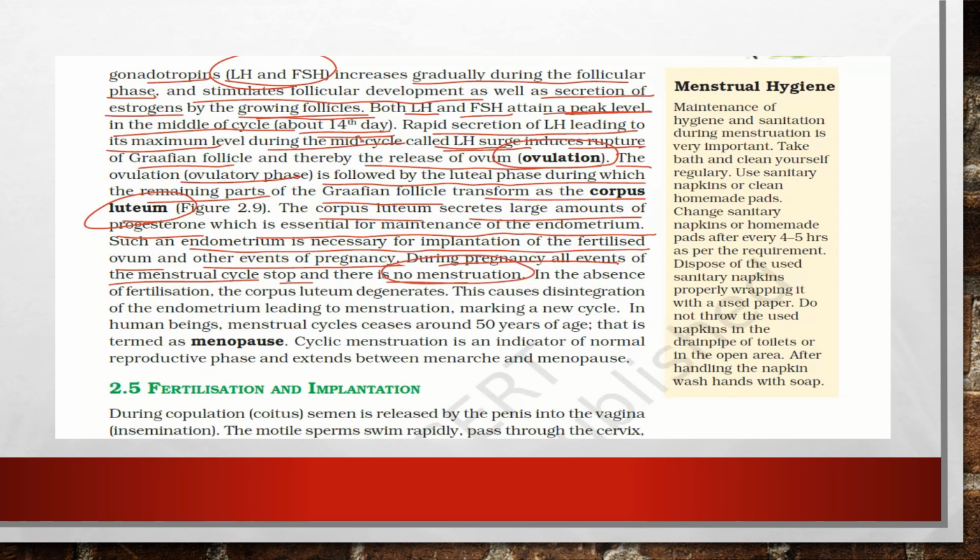So progesterone hormone is at its height, no menstruation will happen, and in the absence of fertilization, the corpus luteum degenerates. So if no sperm is coming and uniting, corpus luteum will degenerate, and this will cause the disintegration of endometrium, leading to menstruation, marking a new cycle.